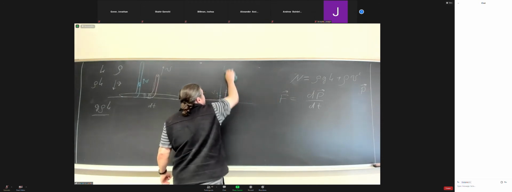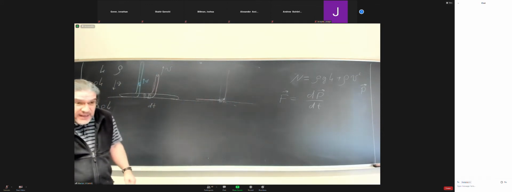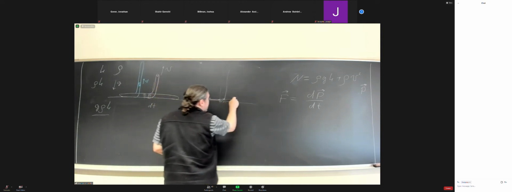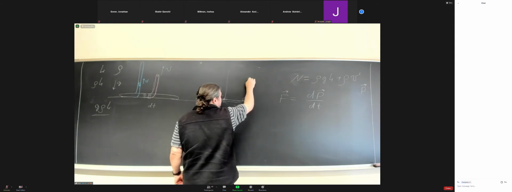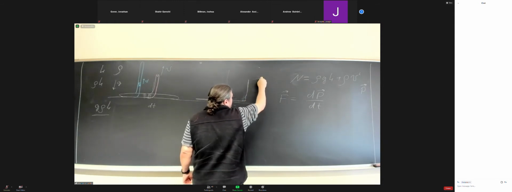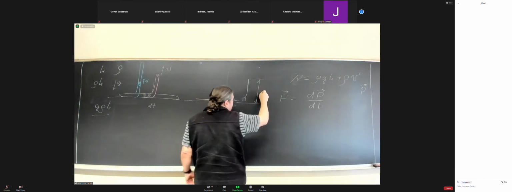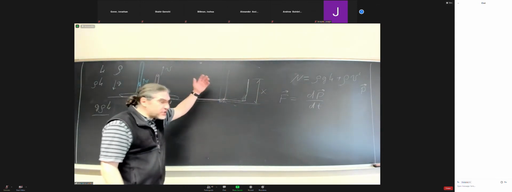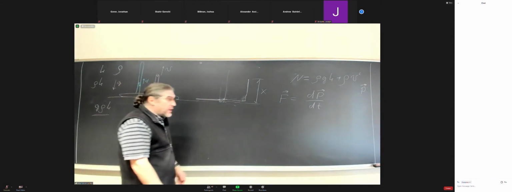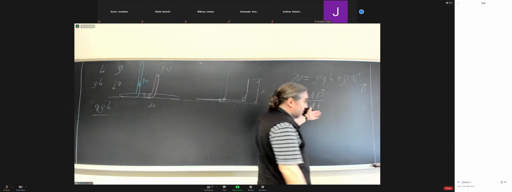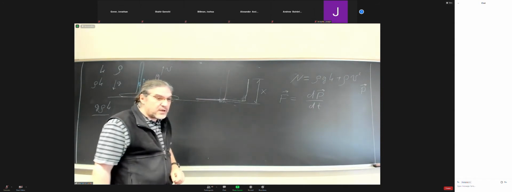So let me take the second Newton's law in this form and apply it to my snake. So here's my snake. Let me call the height of the head x. That x is changing with time; it's a function of time, it's moving up. For this equation, I need to know the momentum of the snake.